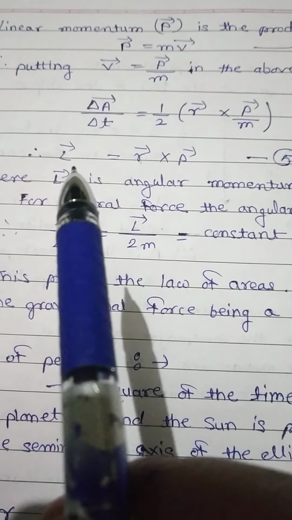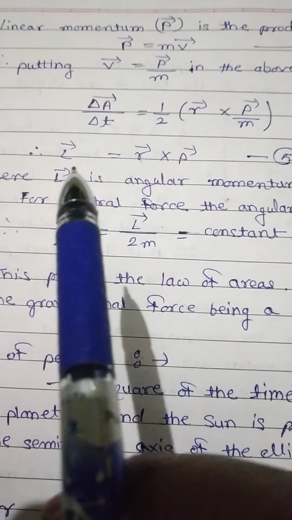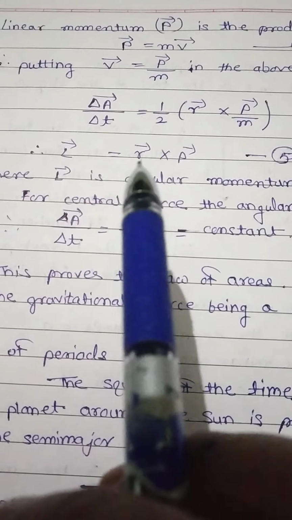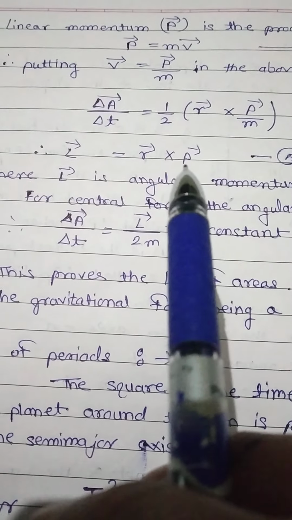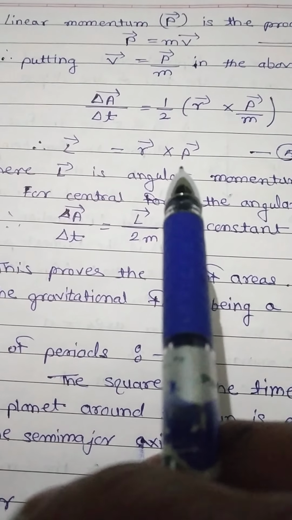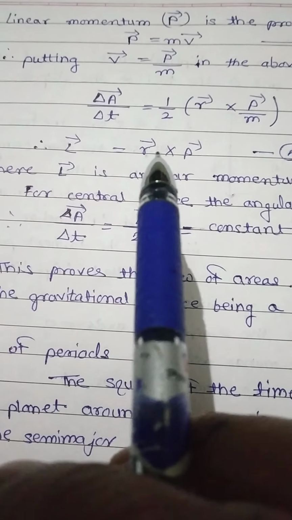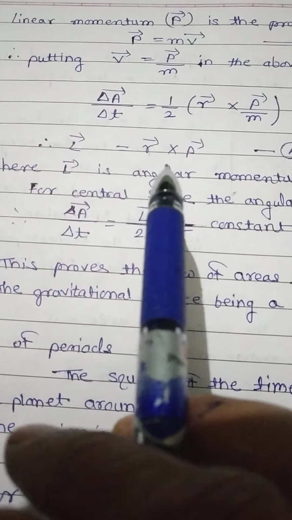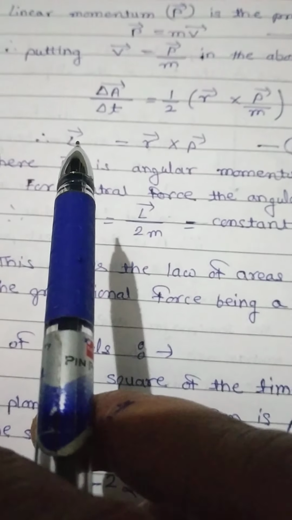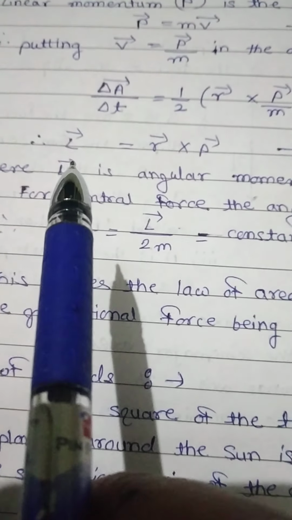Angular momentum is denoted by L, and its formula is r vector cross p vector, where p vector means linear momentum and r vector means position vector. So this product is the angular momentum.